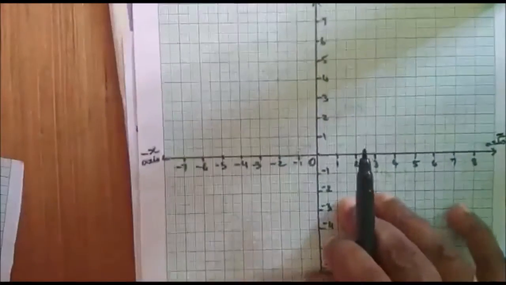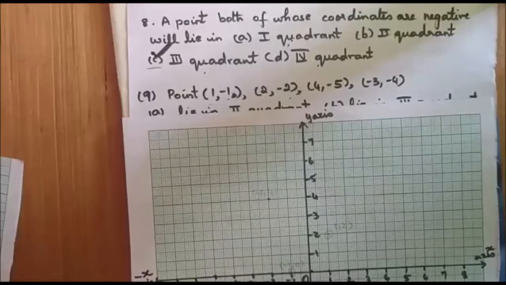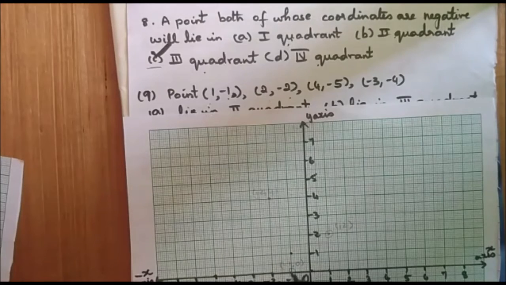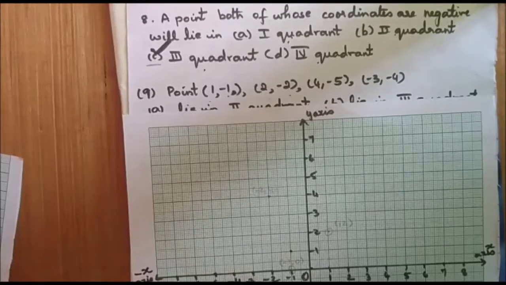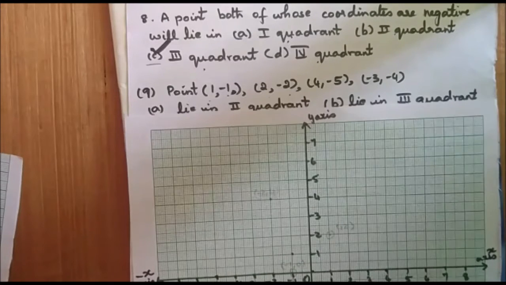Now let us see where all these points lie. 1 comma minus 1 is here. 2 comma minus 2 is here. 4 comma minus 5: 4 is here and minus 5 is here.